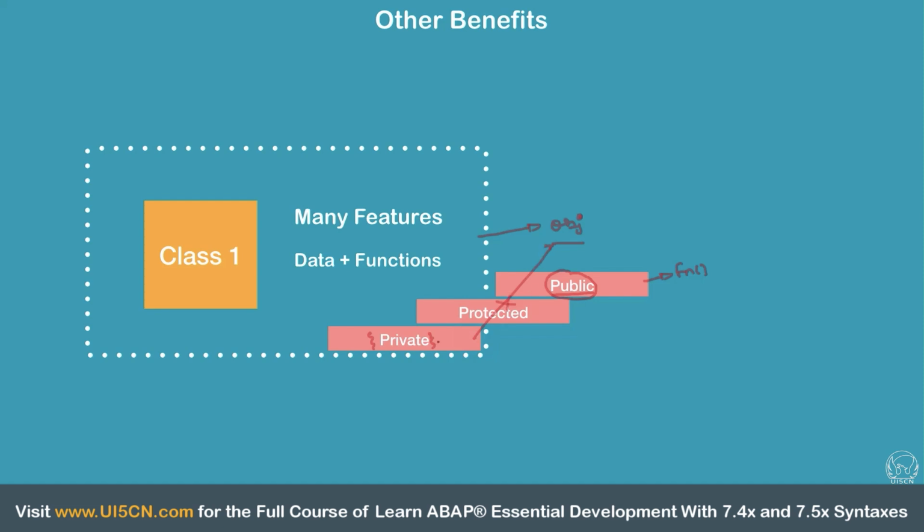You cannot access the private section, and there is a protected section which is relatively accessible. So you have varying degrees of control over what kind of data is visible to the outside world, what data they can change, and what data they cannot change. You have that control at design time.